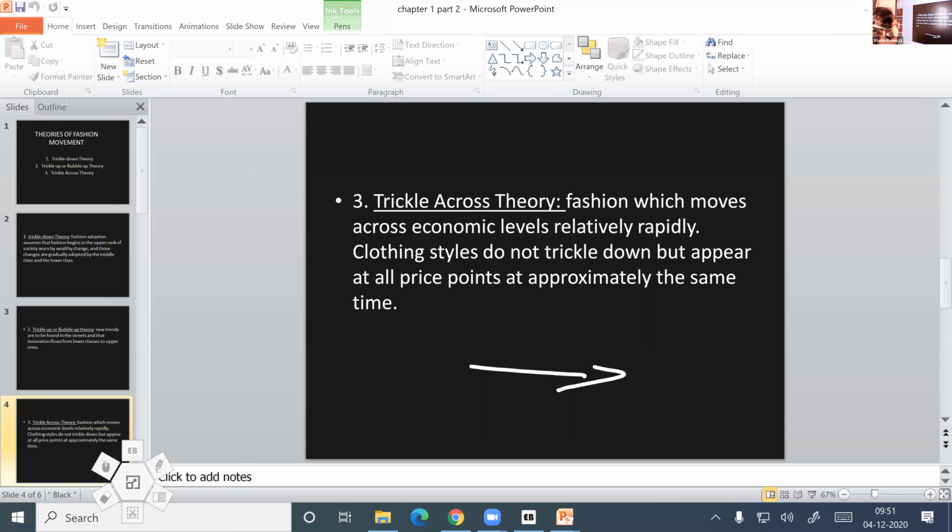This is a fashion which does not trickle down or trickle up. It goes at the same time, in the same style. It moves across economic levels relatively rapidly. Clothing styles appear at all price points, available at all price points at the same time itself. That is trickle across theory.